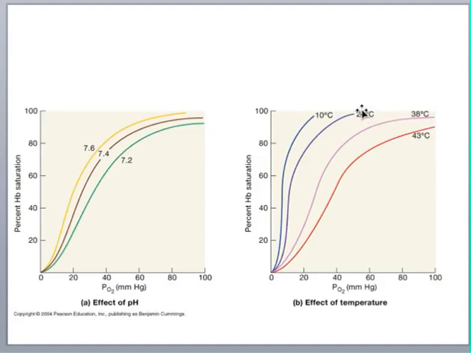And then if we look at colder body temperatures, let's say at a PO2 of 60, we can see that again the curve is higher.